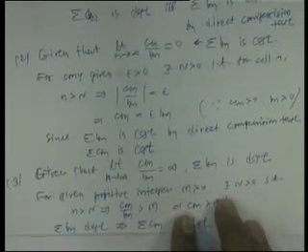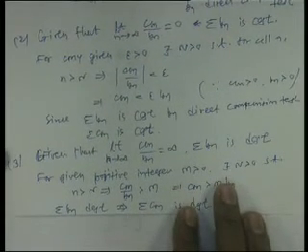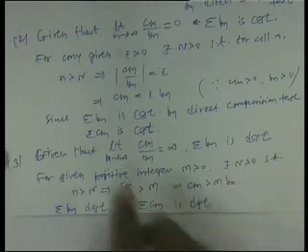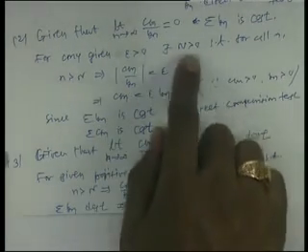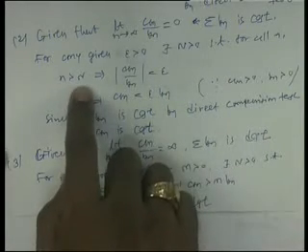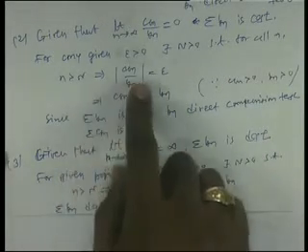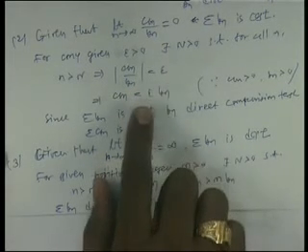This is the given information, right? And we have to show that sigma a n is also convergent. Let us start with: for any given epsilon greater than 0, we can have some N greater than 0 such that for all n greater than N, mod a n by b n is less than epsilon.